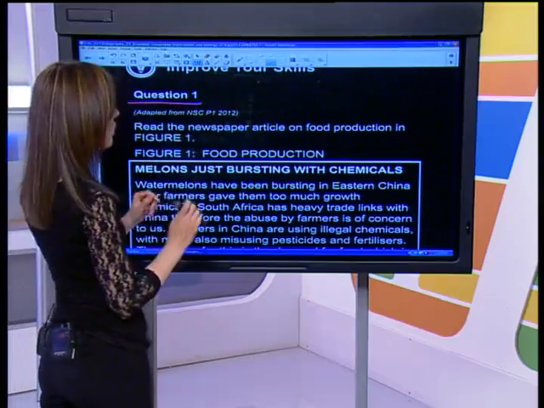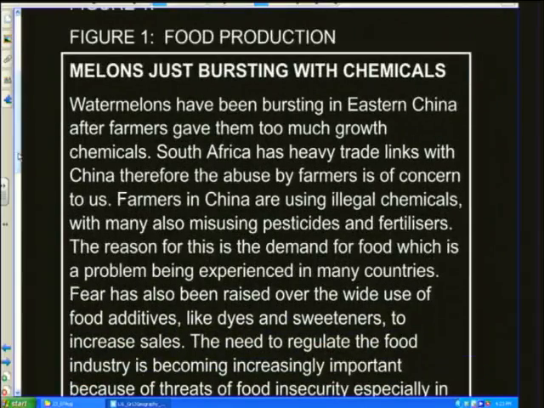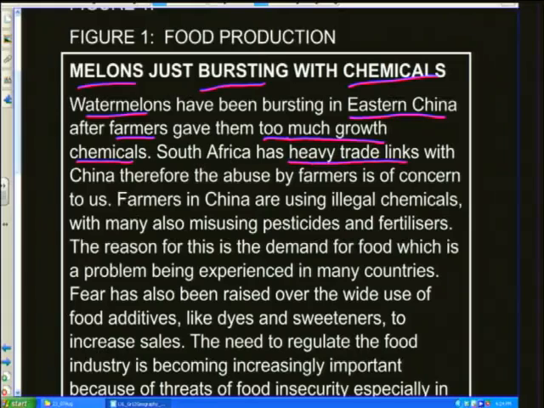Okay, we've got a newspaper article for you on food production, and if we just read through it very quickly, it says there, melons are just bursting with chemicals. Watermelons have been bursting in eastern China after farmers gave them too much growth chemicals or growth hormones. South Africa has heavy trade links with China, therefore the abuse by farmers is of concern to us.